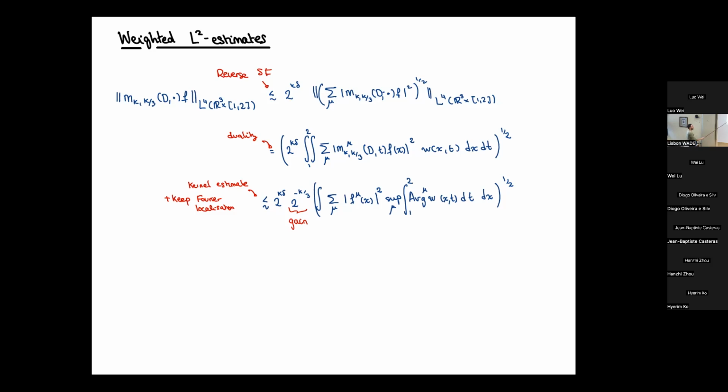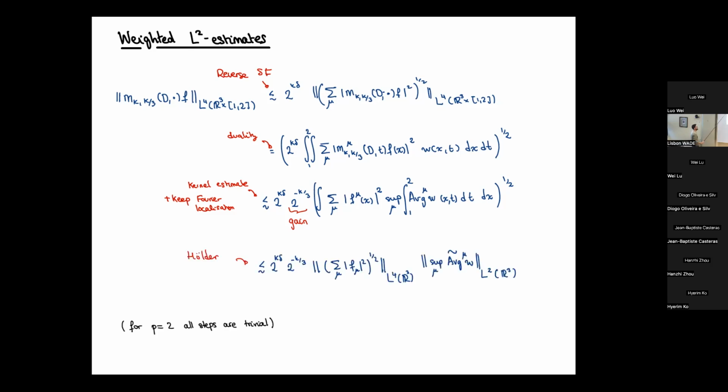So then one throws that into the weight, and this is how one closes the argument, the Mockenhaupt-Seeger-Sogge argument. One takes Hölder, and one ends up with a square function, but for a localization in a lower dimension, and with a maximal function acting on the weight, but this maximal function is on L2 and not on L3.